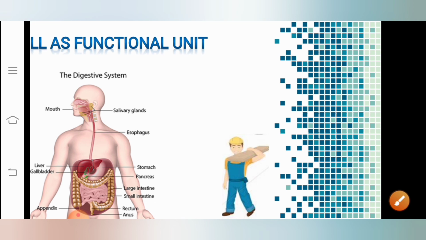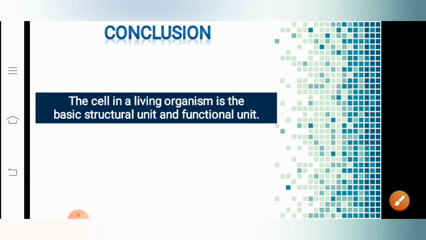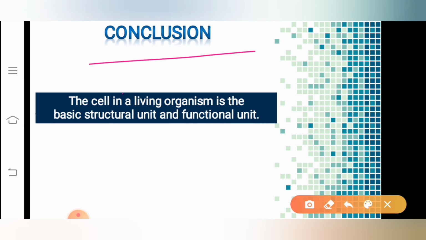So each and every cell which is present in the organ system of an organism helps that particular organism to do various kinds of activities. Clear? So the conclusion we have come to is that the cell is considered a basic structural and functional unit in the living organism. Correct?